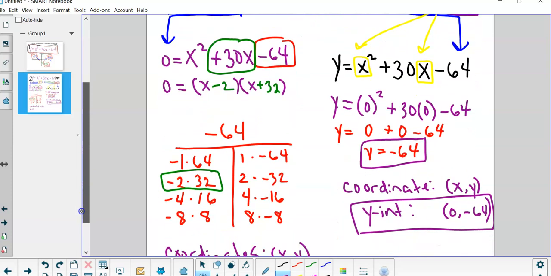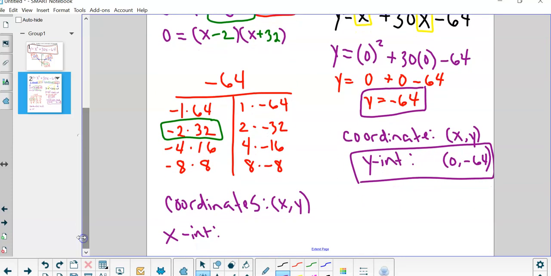Okay, I'm going to show you the easiest thing that you can do to get your x-intercept. You take the factored form of your trinomial, and you take these numbers you found and you just switch the signs. So one of the points, the first point, is going to be at positive 2, comma, 0.